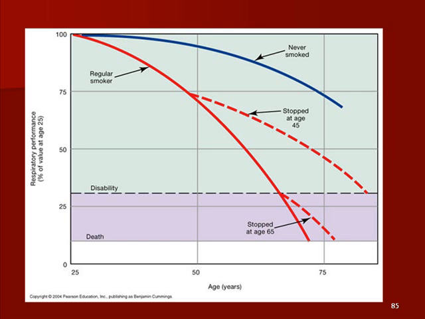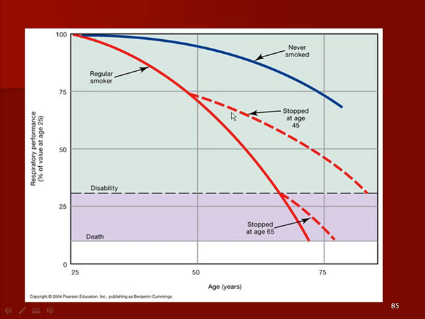As you can see, this demonstrates respiratory performance based upon years of age: a person who has never smoked compared to a person who stopped smoking at a particular age, in this example the age of 45, individuals who have continued to smoke, and then an individual who stopped smoking at the age of 65.